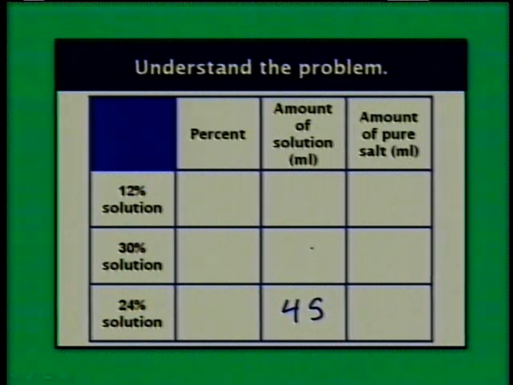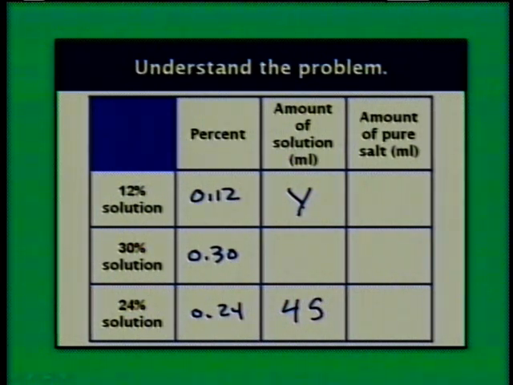First thing I want to do is just fill in the percents, because this column is easy. I'm just writing the decimal forms of the percent here. So let's think about the amount of solution. Let's suppose that Marcus needs Y milliliters of the 12% solution. So I'm just going to put a Y there. That's an unknown.